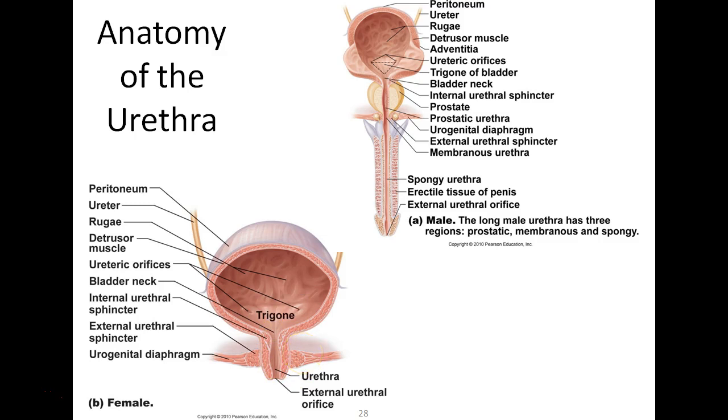In this diagram, we see the urethra for the male on the upper right, and in the lower left, we see the urethra structure for the female. There are some slight differences. We'll probably get into some of those more specific differences when we talk about the reproductive system. But let's look into the urethra.